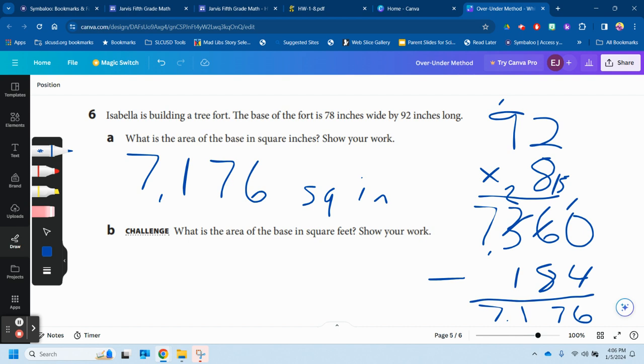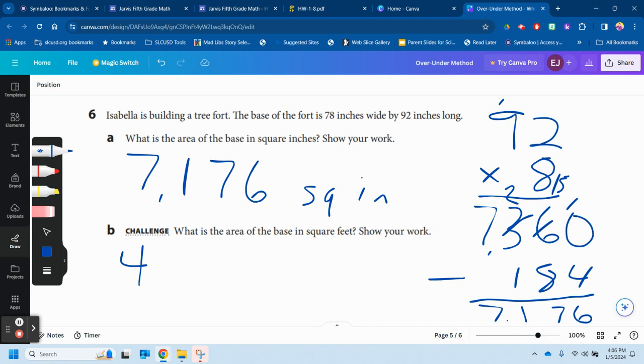I get kind of a crazy number, but I have to round. To convert square inches to square feet, if it was just straight inches, I divide by 12. But a square foot is 144 inches.